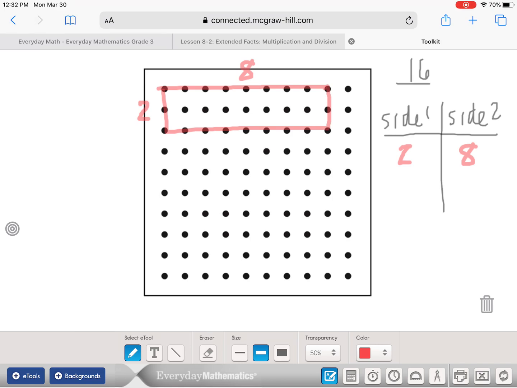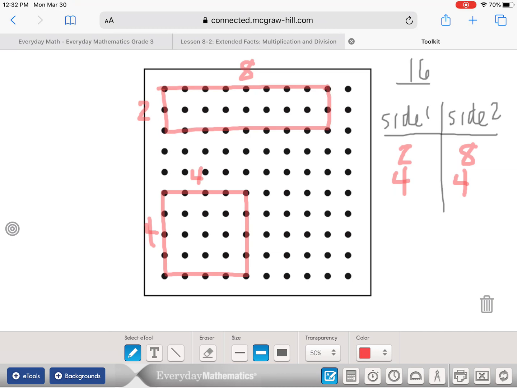Another way to make 16 is by doing a 4 by 4 rectangle, which is also a square, because 16 is a square number. So one side is 4, the other side is 4. Great. Okay.